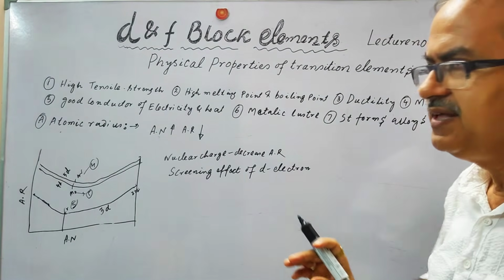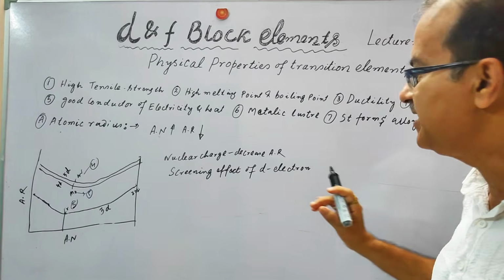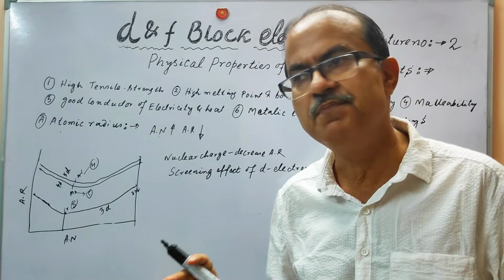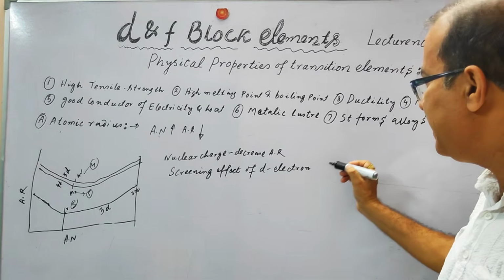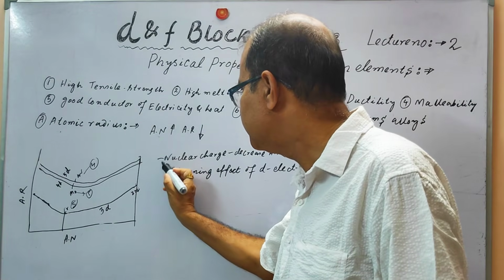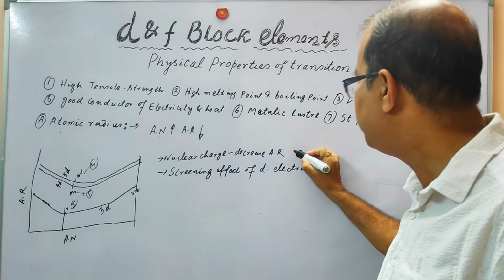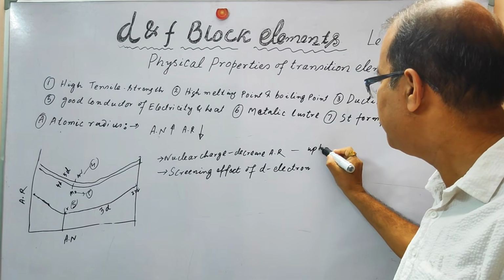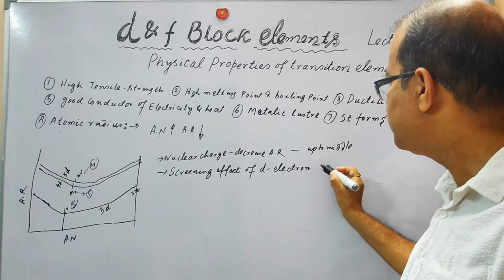That is why the diameter is more or less the same after the middle. So there are three things. The nuclear charge decreases the radius up to the middle of the series.